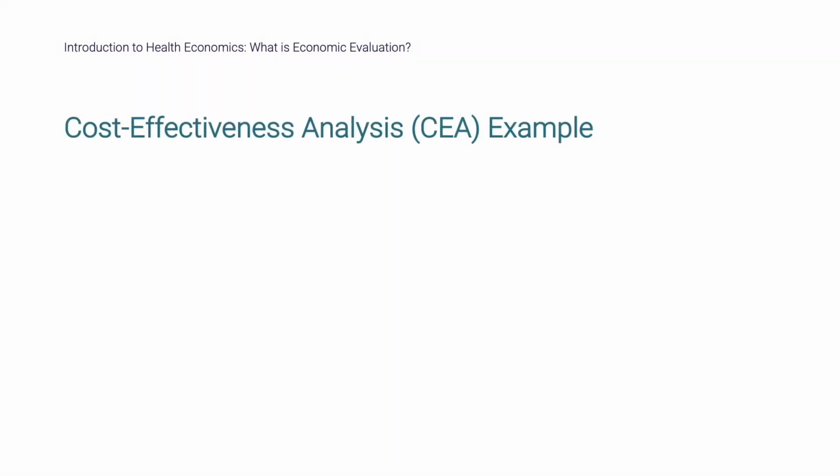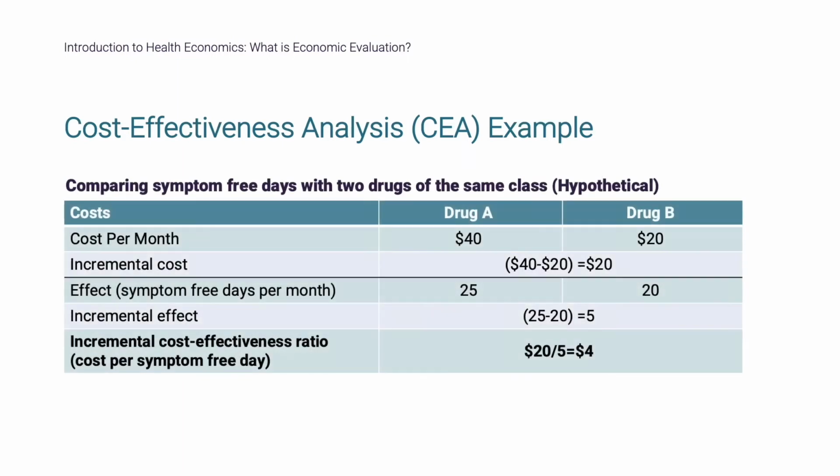A cost-effectiveness analysis, or CEA, uses outcomes in any natural health unit that are meaningful to the intervention. In our simple example, we are looking at 2 drugs with different efficacy in terms of how many symptom-free days they yield per month. The more expensive version of the drug has better efficacy, that is, more symptom-free days. The findings of this analysis are presented as an incremental cost-effectiveness ratio, or ICER.